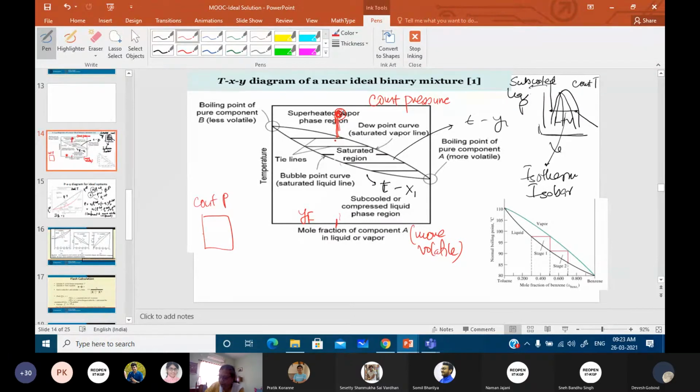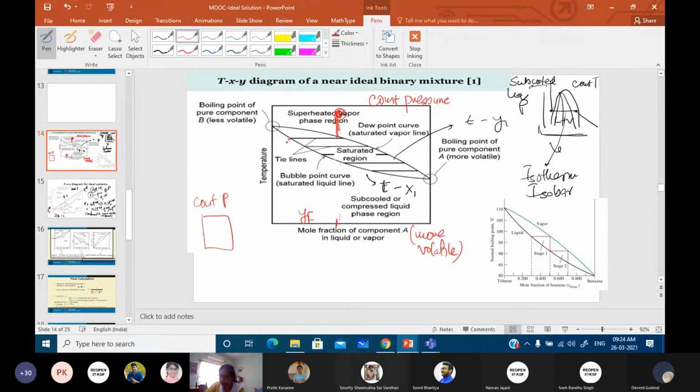Now, what will be the composition of this liquid? If you want to know the composition of the liquid, you simply have to follow this horizontal line and come to the saturated liquid region. Why? Because this horizontal line is at constant temperature and constant pressure, and it is connecting the vapor composition and the liquid composition.